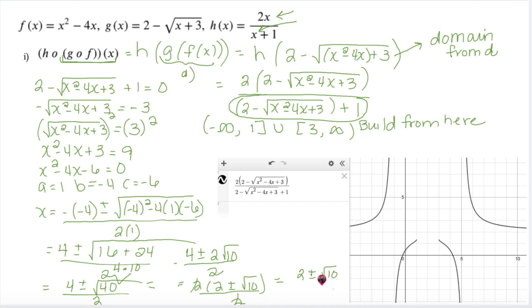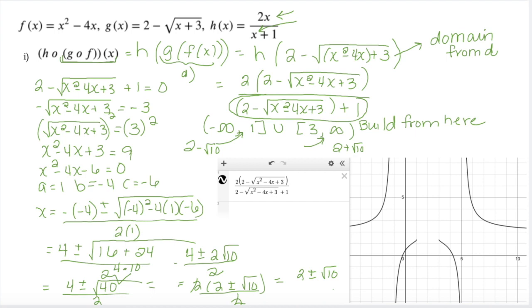Well, 2 minus square root 10 would be in the interval between negative infinity and 1. And 2 plus square root 10 would be in the interval between 3 included and infinity.